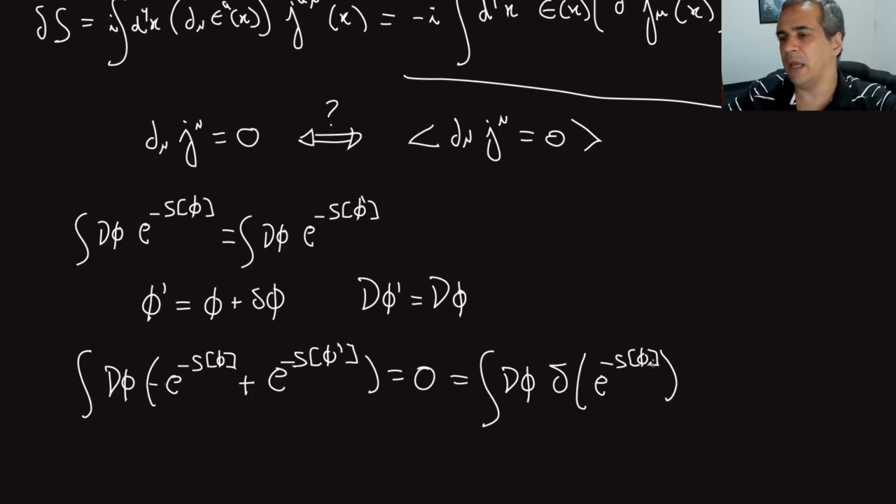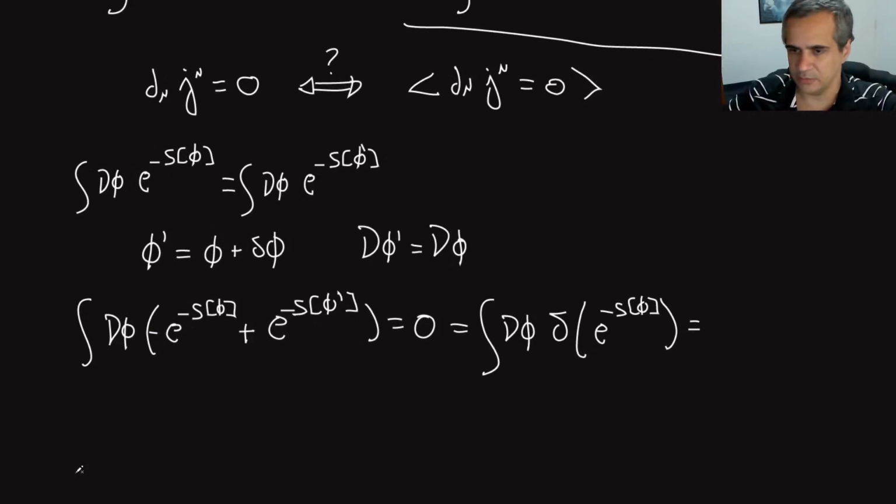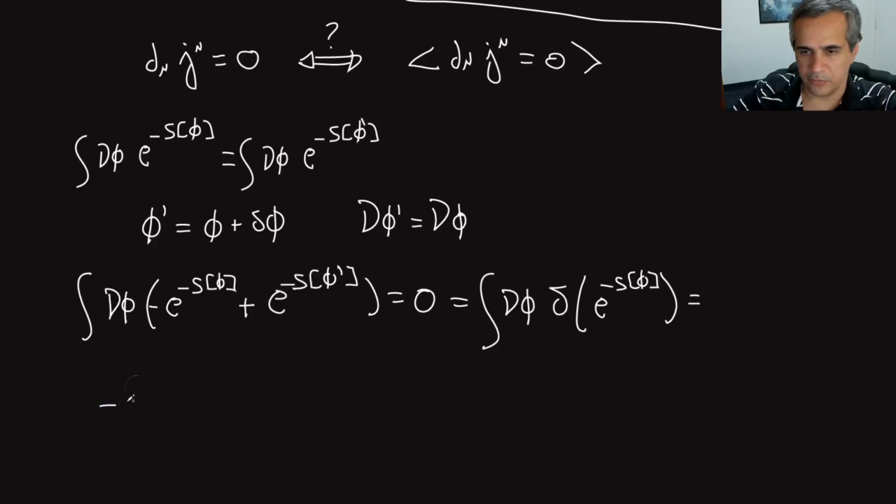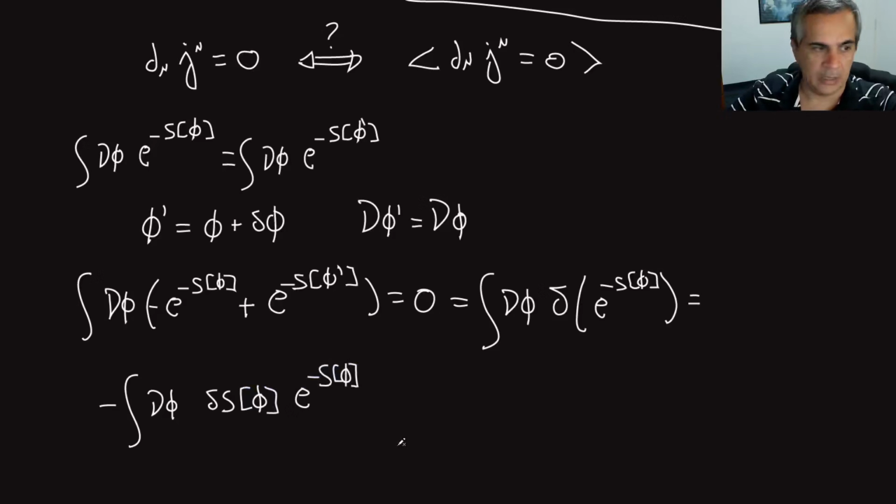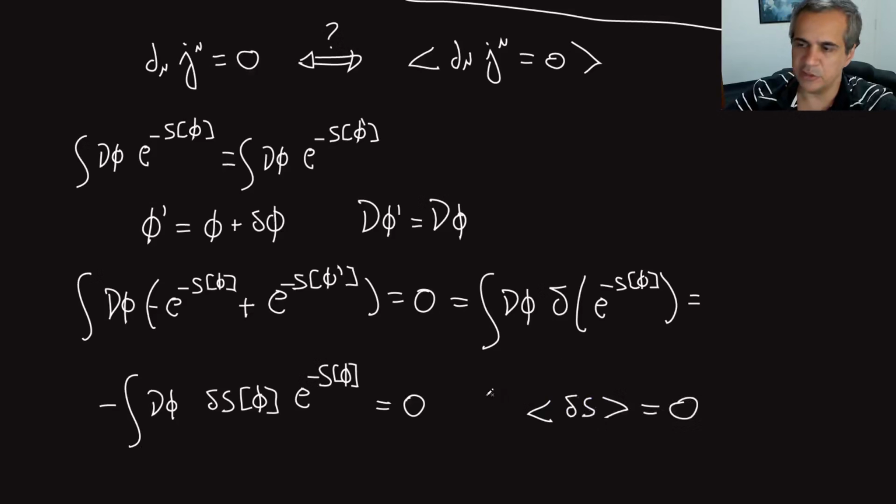And this I can write, of course, as minus del phi, delta action of phi times the exponential. I'm just propagating the change here. So what I'm saying is that as long as these Jacobians cooperate, I'm showing that the expectation value of the variation of the action is 0, which is already in the form that I wanted, right?